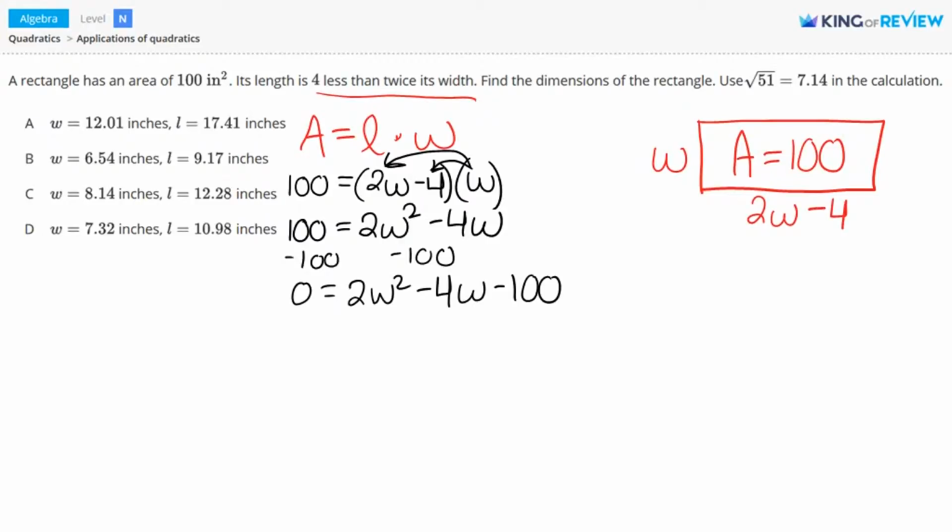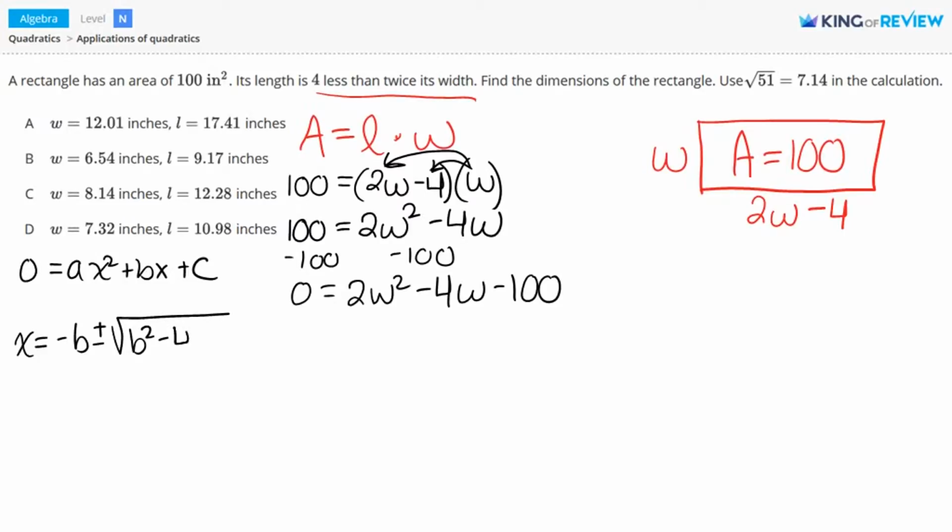This equation is in the form 0 equals ax squared plus bx plus c. When we have an equation in this form, we can use the quadratic equation to solve for x. The quadratic equation is x equals negative b plus or minus the square root of b squared minus 4ac, all divided by 2a.